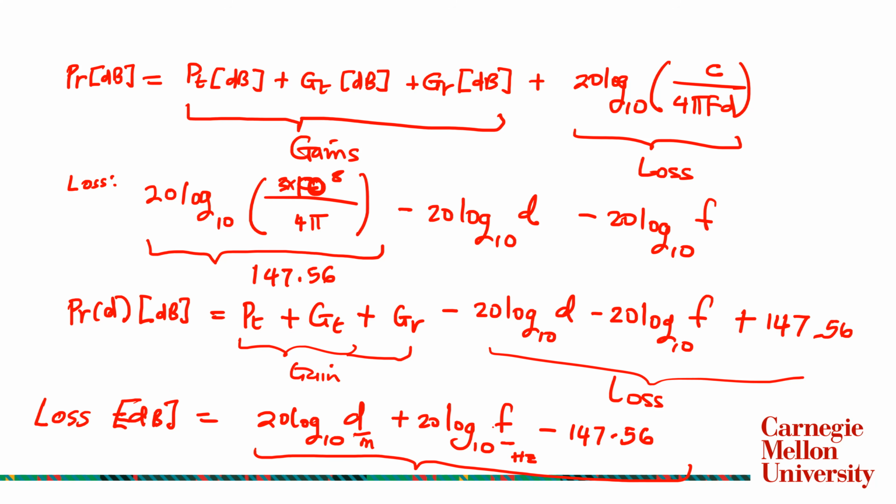Now we can re-express this. Let's just continue with this, very interesting. I hope you are not getting scared of the math. Loss is equal to 20 log 10 of D plus 20 log 10 of F minus 147.56. This is all very simple math.